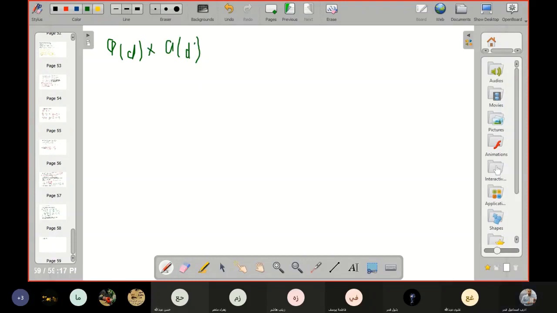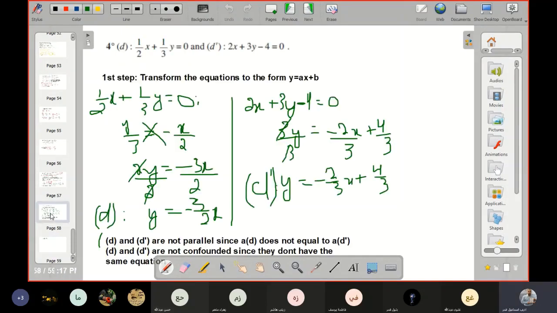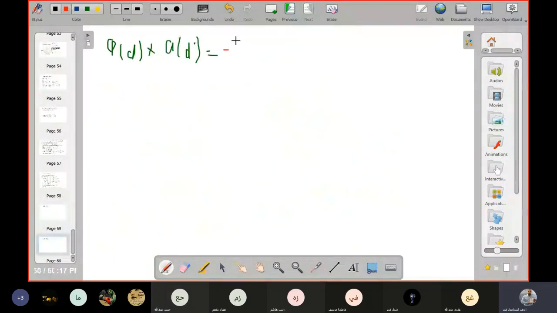Let us go back and see: the slope of D is how much, Hassan? Minus 3/2. The slope of D prime is minus 2/3. So we multiply minus 3/2 times minus 2/3. What do we get, Hassan?